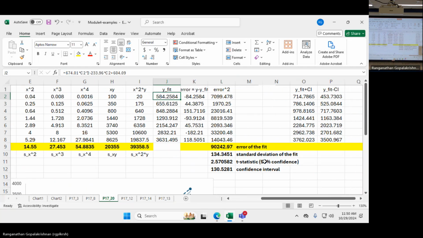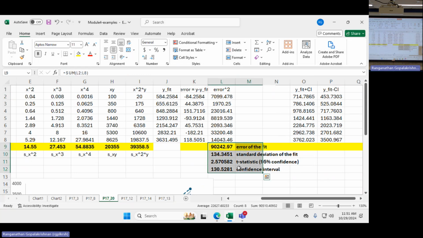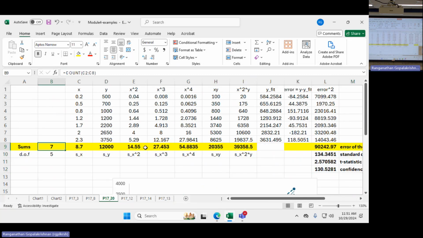Now, this is the money shot. These are the 4 numbers that I will make you calculate in the exam. Standard error of the fit, standard deviation, which is error divided by degrees of freedom. How many is the degrees of freedom here for this example? We have 7 observations. 7 observations for quadratic regression.